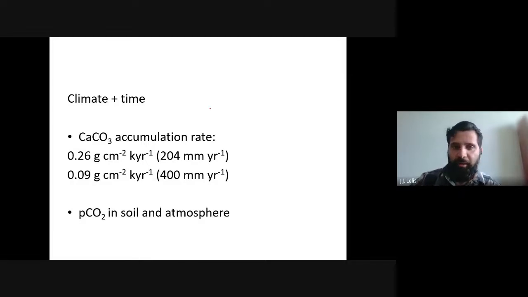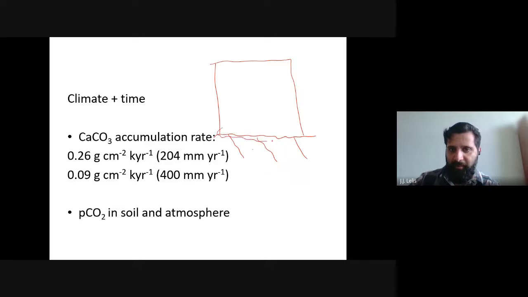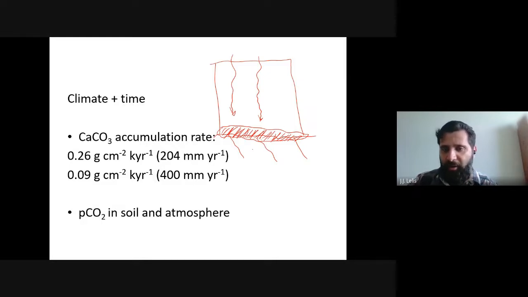Think, if you have a soil, and you have limestone here, and this limestone is weathering because water penetrates the soil and destroys the primary calcite, the primary calcium carbonate, you produce water with a high content of calcium and magnesium and several elements.